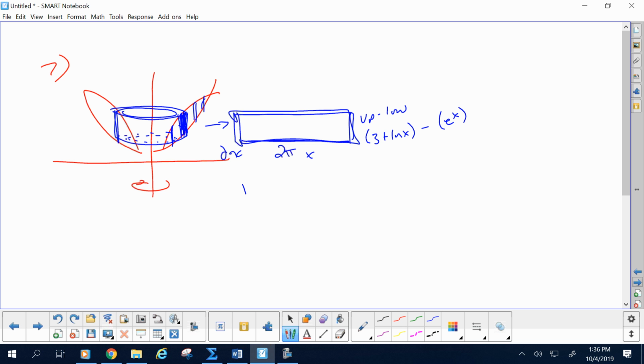So the volume is 2 pi out front in the integrand. X times 3 plus log of x minus e to the x dx. And these, the x limits were different obviously. 0.161 to 1.14.